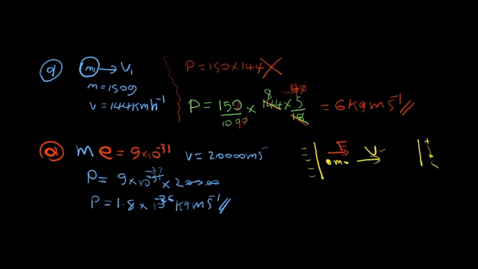Electrostatic forces F give them very high velocities, even well over this amount, like 20,000 m s^-1, very fast moving objects. So the calculation is 9 into 10 to the power minus 31 multiplied by 20,000. You get the answer 1.8 into 10 to the power minus 26 kg m s^-1.